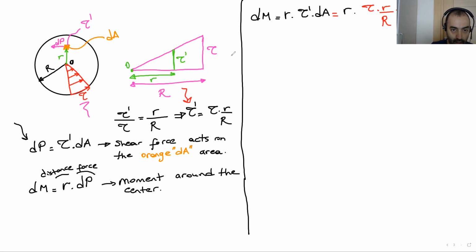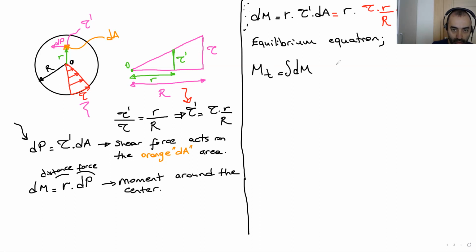So from the equilibrium equation, we're gonna write M torsion, which is the integral of dm.